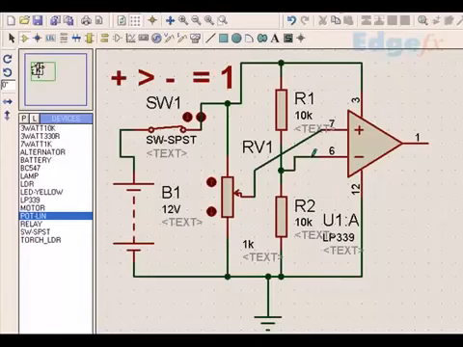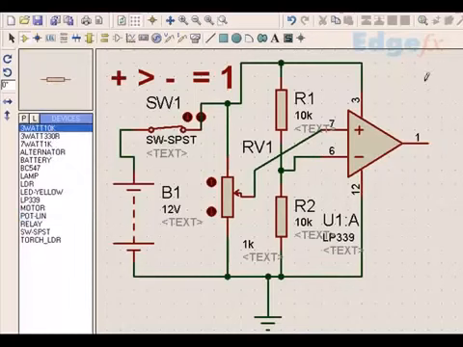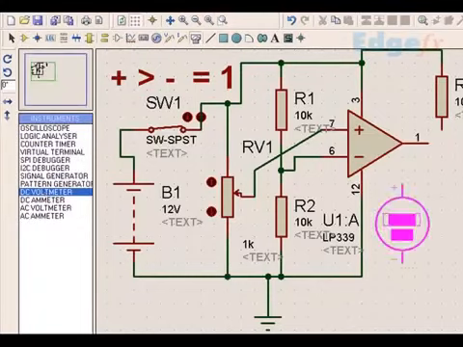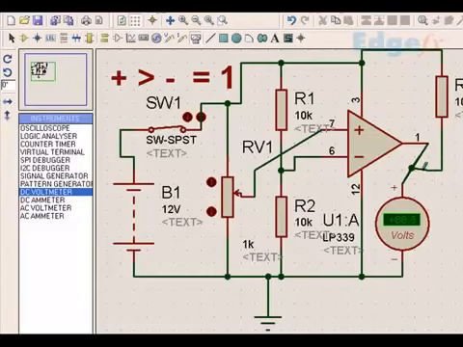So this will be 6 volts and this will be more than 6 volts, so the output will be 1. Whether the output is 1 or not, let's connect a resistor here and a meter to see the voltage. I connect the meter to this point and this point, and connect this to ground.